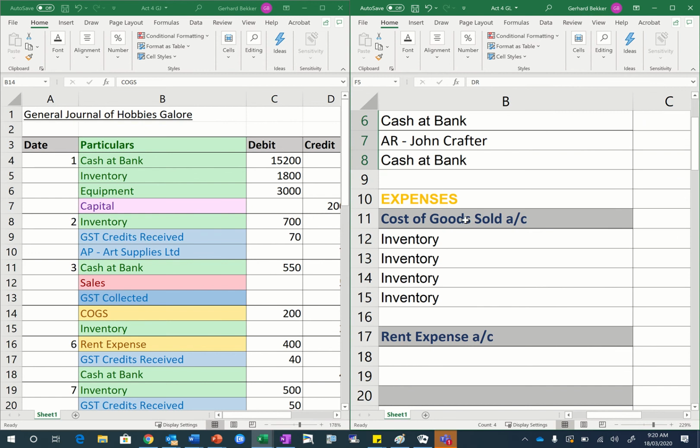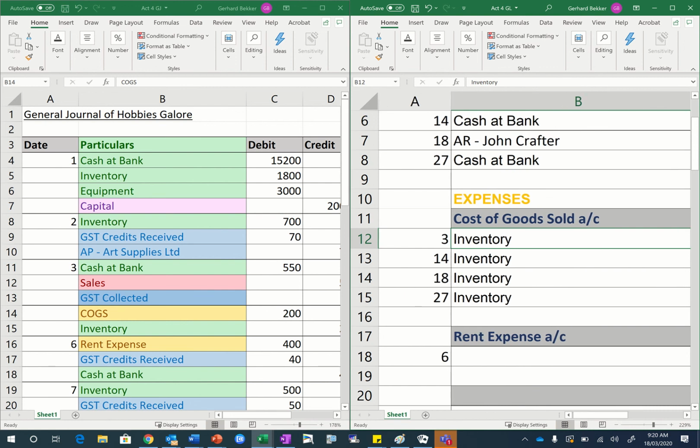Right? And with cost of goods sold, I only have costs of goods sold when I let go of inventory. So this is the reason I have cost of goods sold, because inventory decreased as my costs increased. And that's why each and every particular for my COGS is inventory, right?